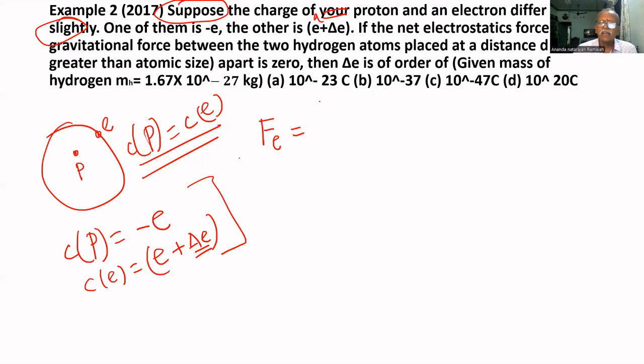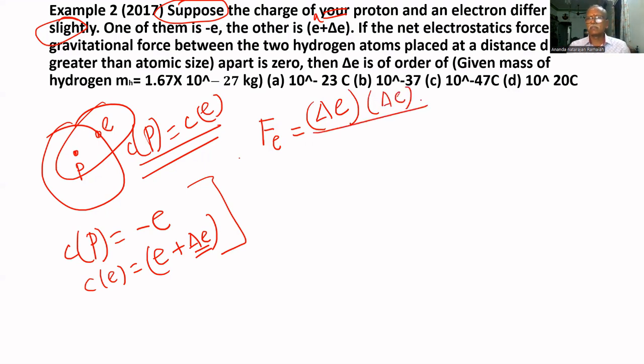Delta e. Therefore, the force between them, Fe, because of this charge difference, equals delta e multiplied by delta e. Only the difference we have to consider. Force will be because of the difference: delta e multiplied by delta e divided by 4 pi epsilon naught d square.